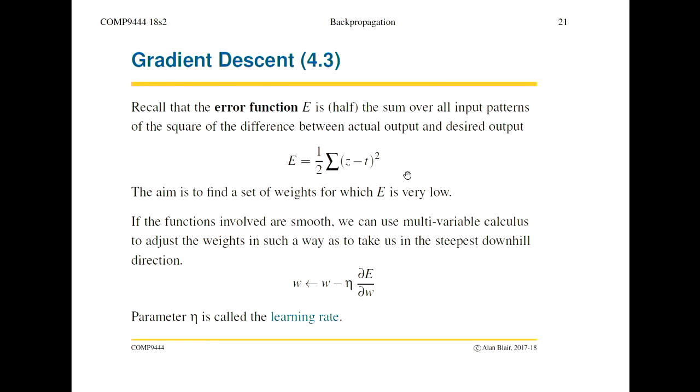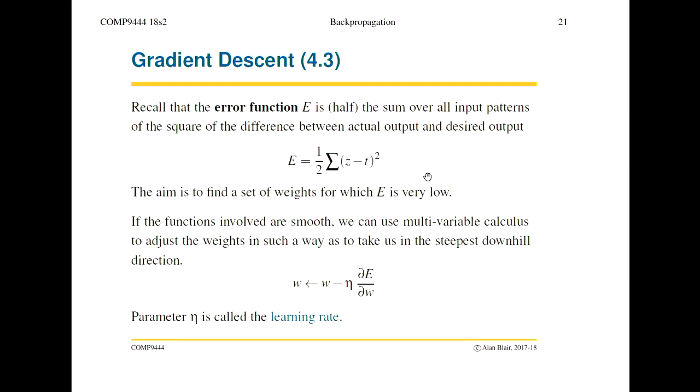So I can calculate the derivative of this error function with respect to each of those 9 weights, and I do that for each training item and add them all up.